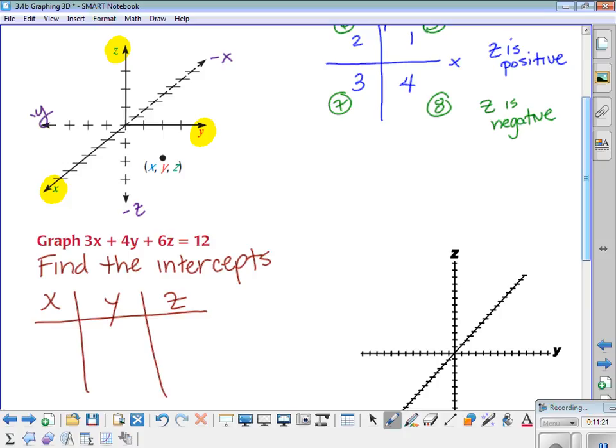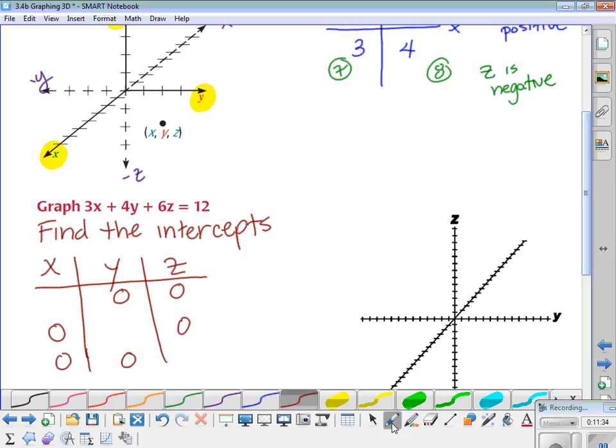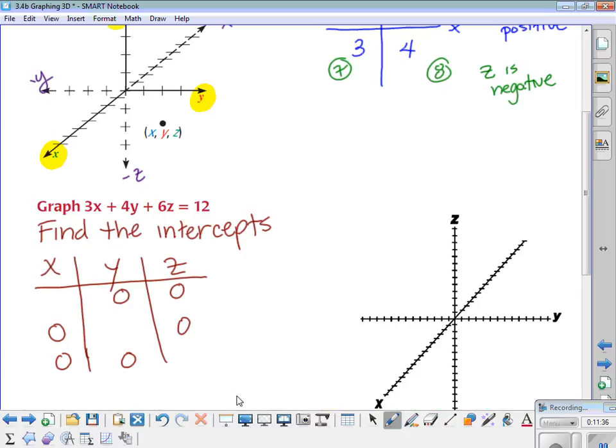So I'm going to find x when both y and z are 0. I'm going to find y when x and z are 0. And I'm going to find z when x and y are 0. So if y and z are both 0, what's x going to have to be? 3x equals 12, so x has to be 4.